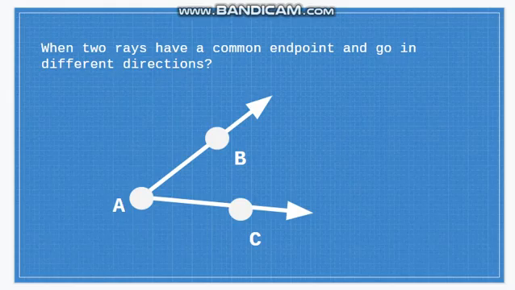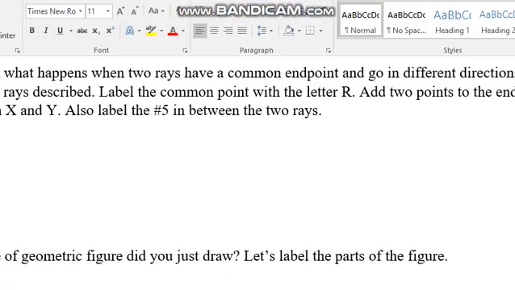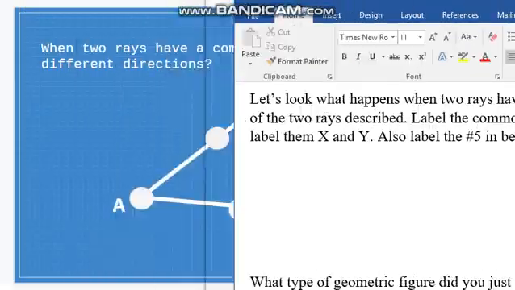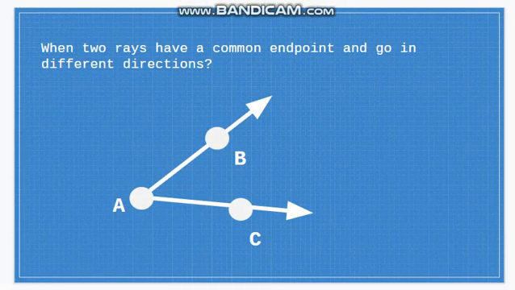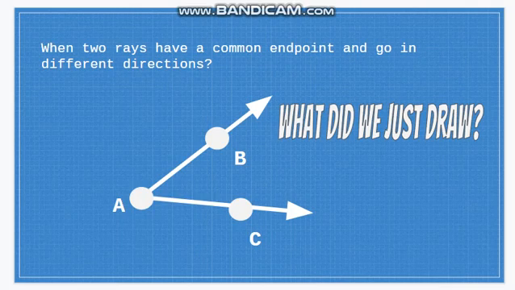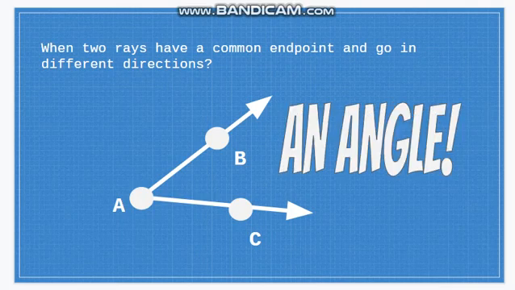So if you want to draw that in the space right here, because that is what is going to be called an angle. Two rays with a common endpoint create an angle.